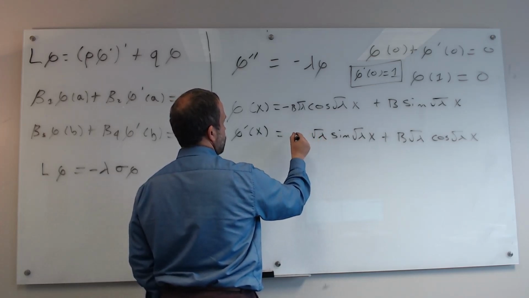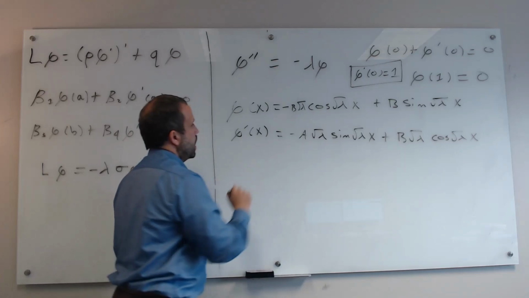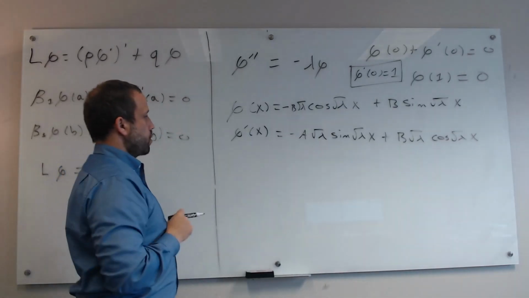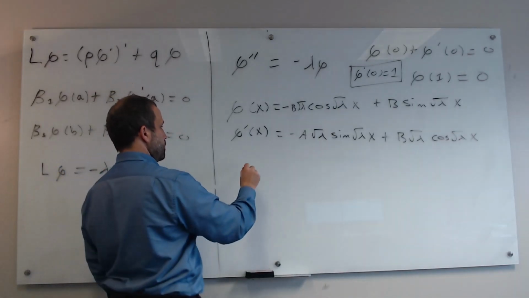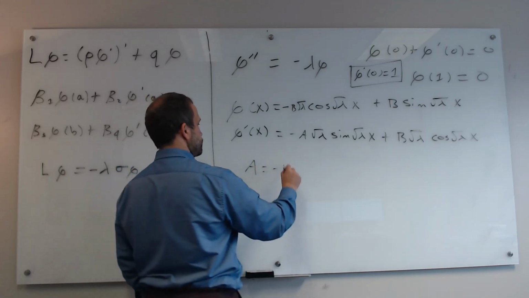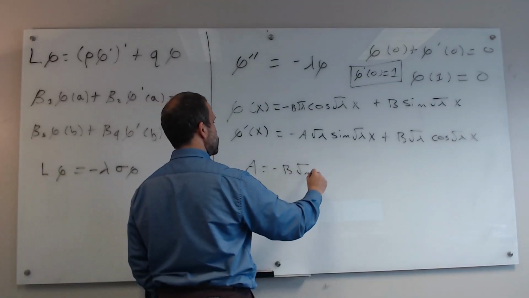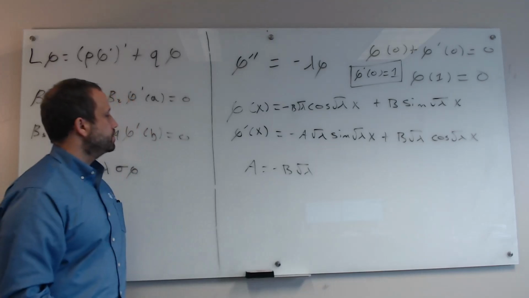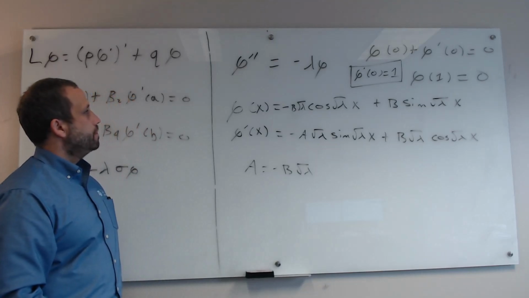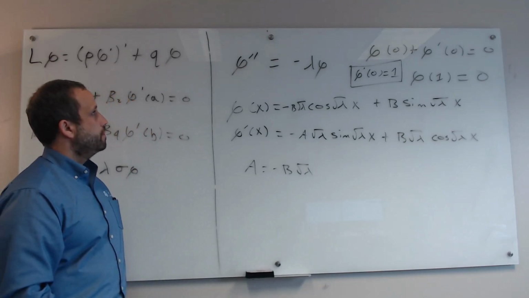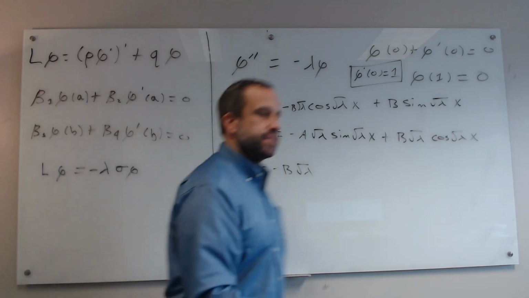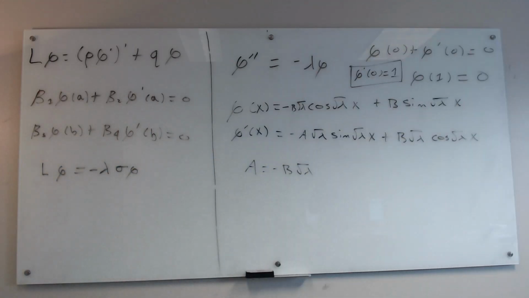What did I have here? This was minus a times square root of lambda, but remember a is equal to minus b square root of lambda. Sorry, this is inconsistent with what I have in my notes here.